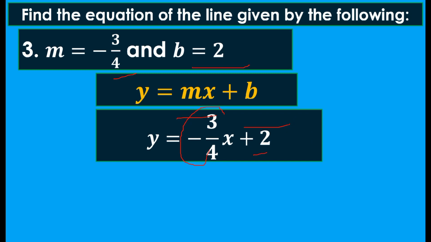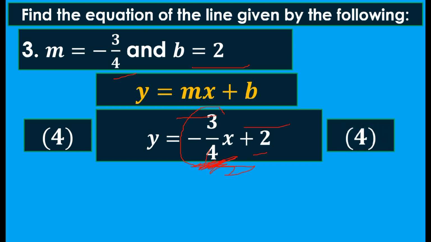Okay? But here, we need again to remove your kabit na 4. So, what shall we do? We multiply both sides of the equation by 4. Whatever the denominator here, whatever the kabit here, yun ang idadagdag natin at yun din ang ating tatanggalin.